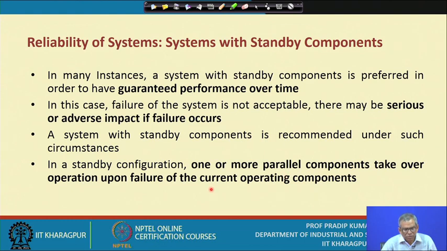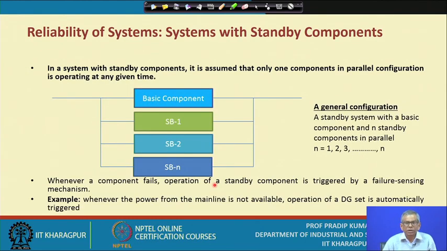As soon as the basic component fails, one or more parallel components will take over operation, and obviously the reliability is assured. So the service is available, operation is made available all the time. That is the guarantee you must provide.